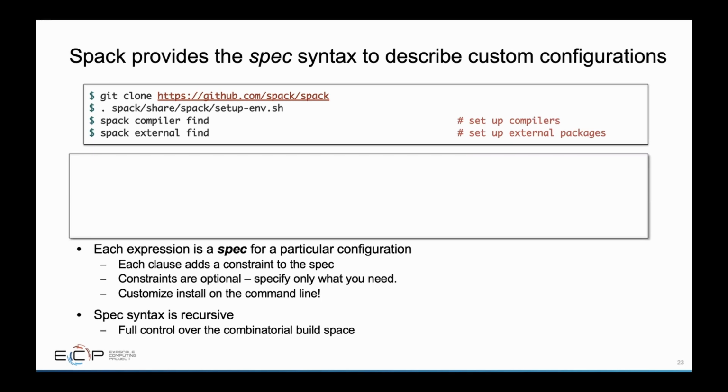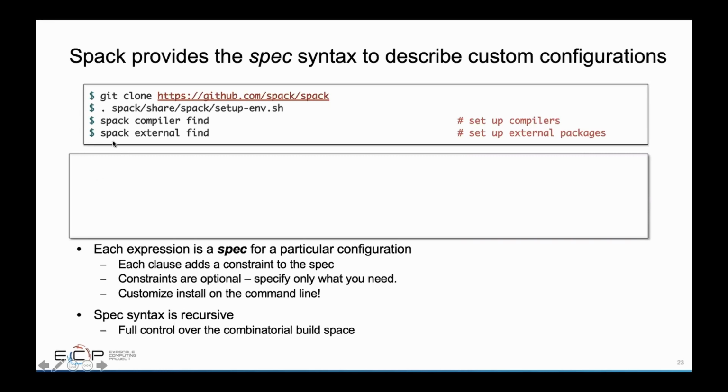You can just say spack external find, and packages like Autoconf, CMake, or M4 are all found in your environment, and it recognizes that it can use those instead of downloading, for instance, the source code of CMake and trying to compile it from scratch.